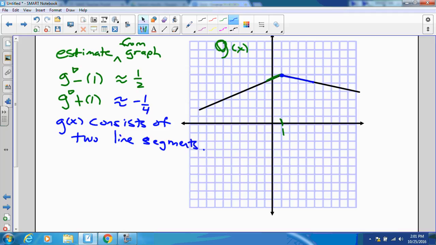So if I knew something about the shape of g, that it was 2 line segments, then I would know that g does not round off here, but instead comes in and has a sharp corner, right at x equals 1. So if g consists of 2 line segments, then g prime of 1 does not exist. But if I don't know that about g, then maybe if I zoom in, then it sort of connects and rounds or something. See what I'm saying?